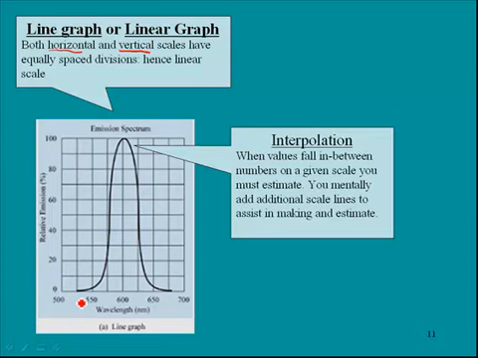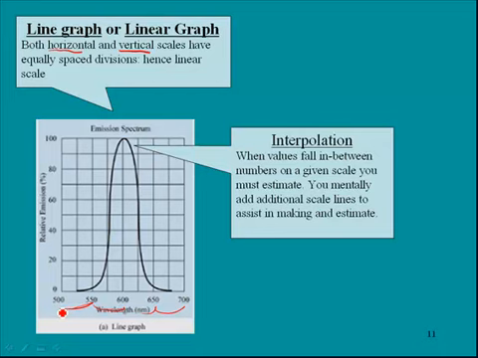You'll notice the horizontal goes 550 to 600, 600 to 650, 650 to 700. There was equal spacing going horizontally, and hence also going vertically there is equal spacing.